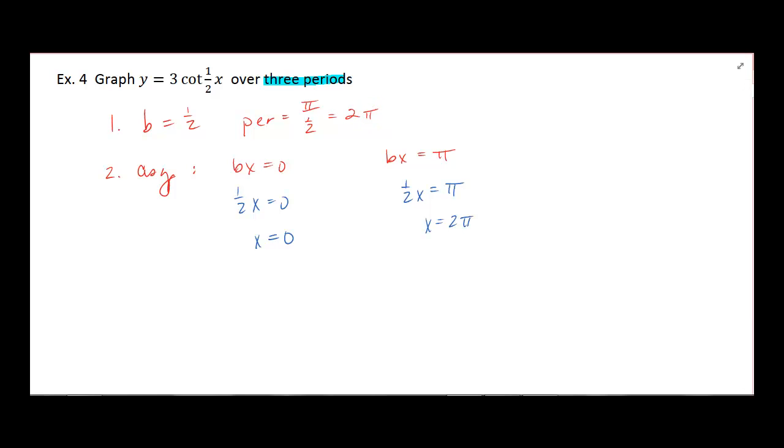So the next thing I want to do is, do I have a phase shift? There's no phase shift in here since I'm not adding or subtracting a number inside of this variable. There's also no vertical shift since I'm not adding or subtracting a number to the function. So the only thing I want to really note right now is the fact that a in this case is equal to 3, and although I don't have an amplitude, I'm just going to use that number when I graph this function.